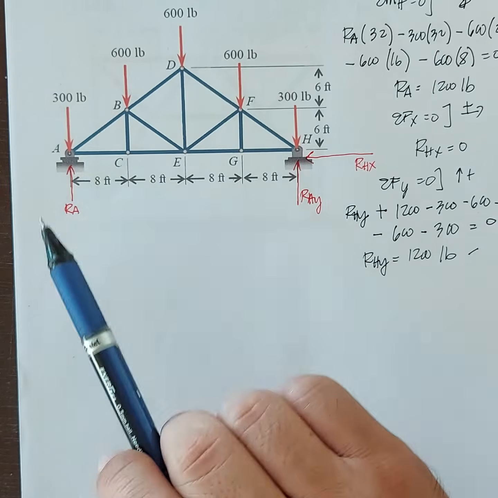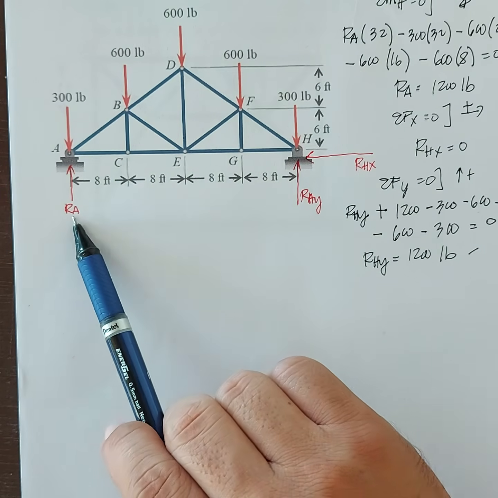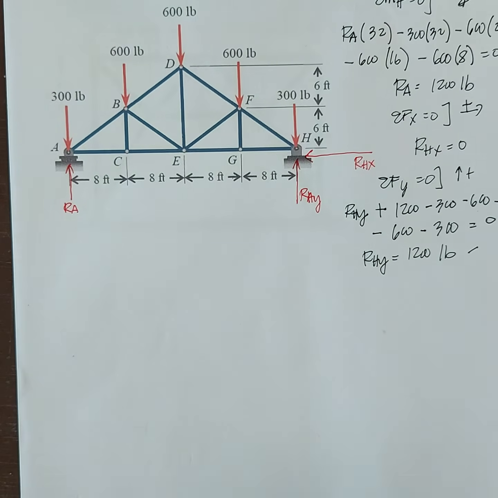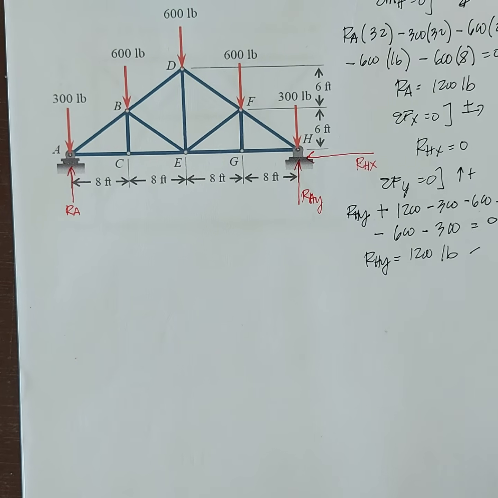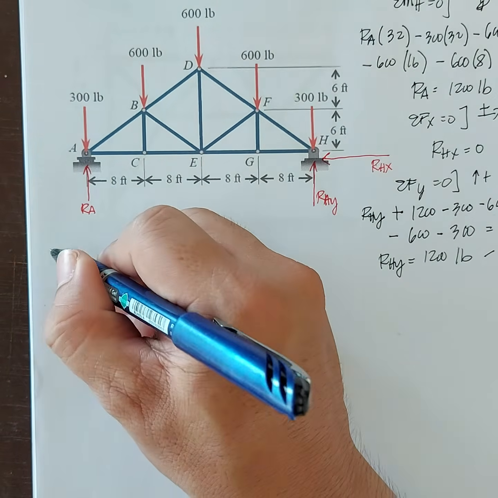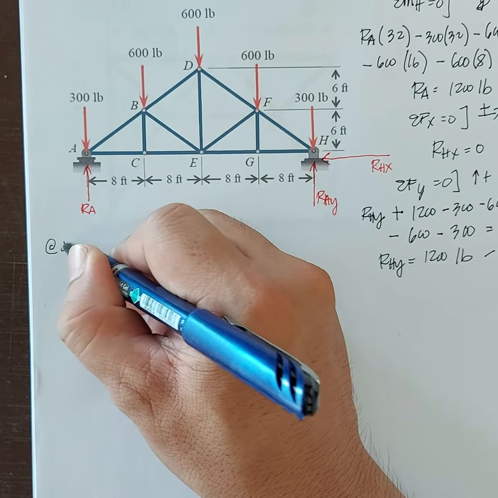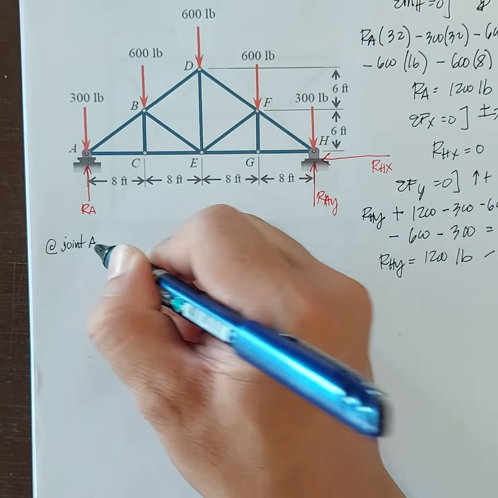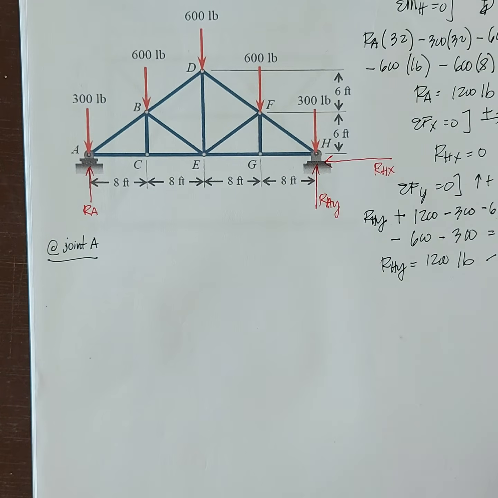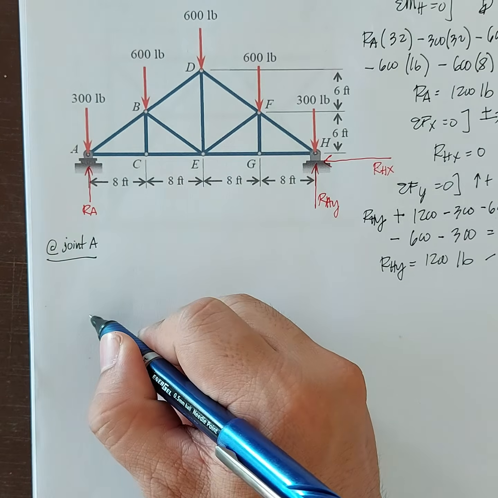That's joint A. 2 unknowns. We already know the reaction at A. Okay, so let's start at joint A. At joint A, let's draw the free body diagram.